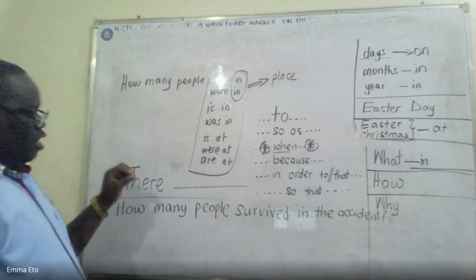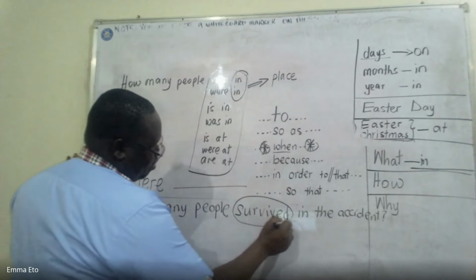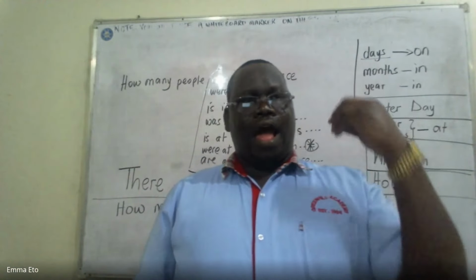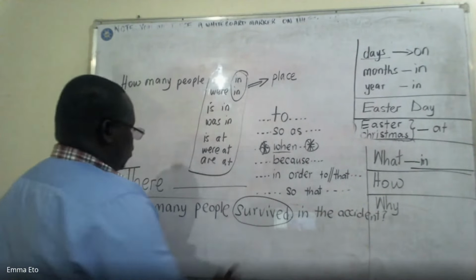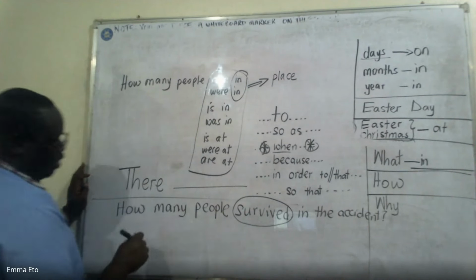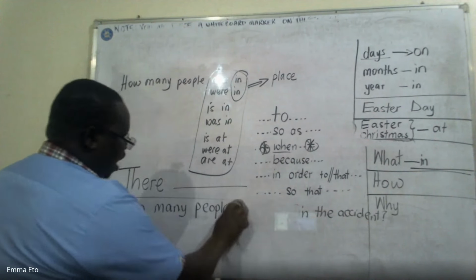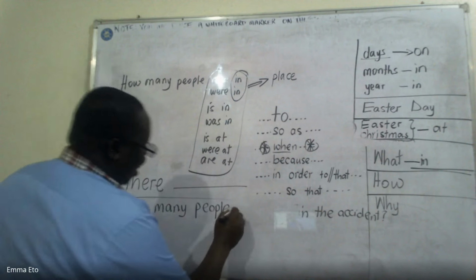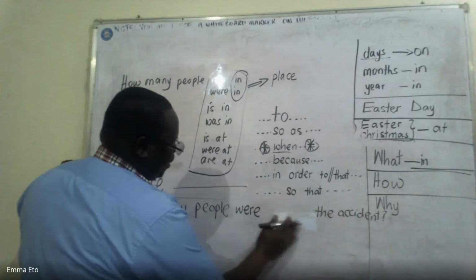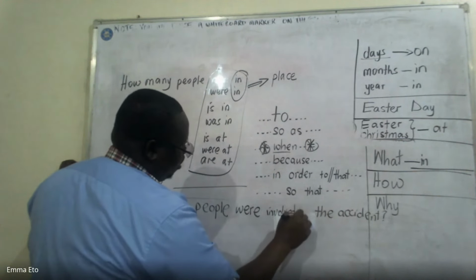Now, when we have the main verb, how many people? You can even say how many people were involved. In fact, let me use something which is similar. How many people were involved in the accident?